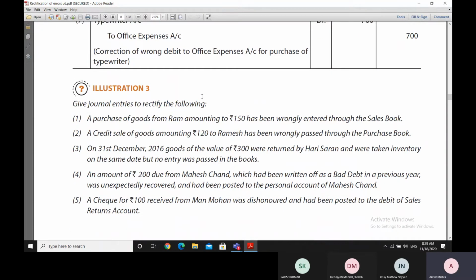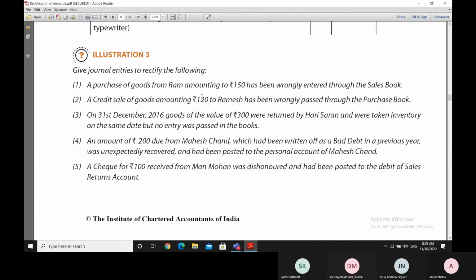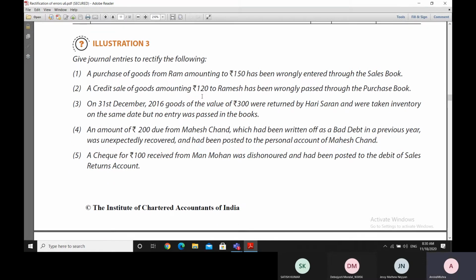Now let us look at another illustration. Illustration 3. Illustrations are a very good way of revising the material. So let us look at illustration 3. A purchase of goods has been made from Ram amounting to rupees 150 and it has been wrongly entered through the sales book.